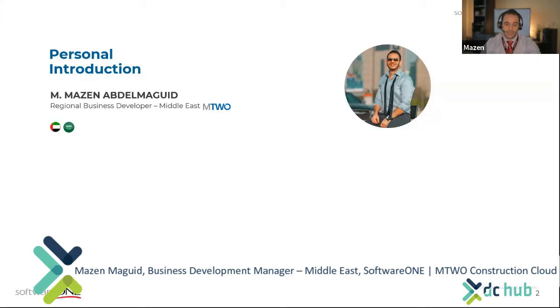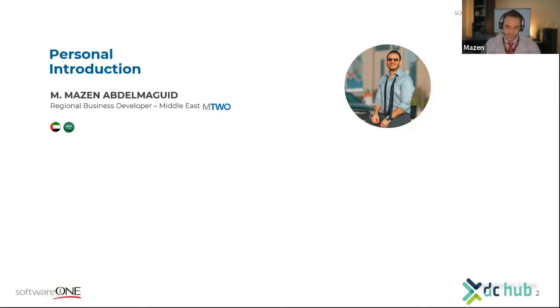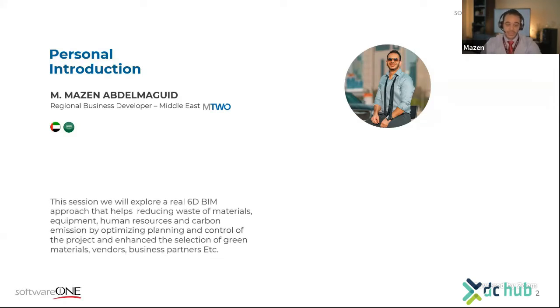And today we are going to speak about the 6D digital sustainability. In this session, we will explore a real 6D BIM approach that integrated end-to-end platforms help reducing waste of materials, equipment, human resources, and carbon emission.